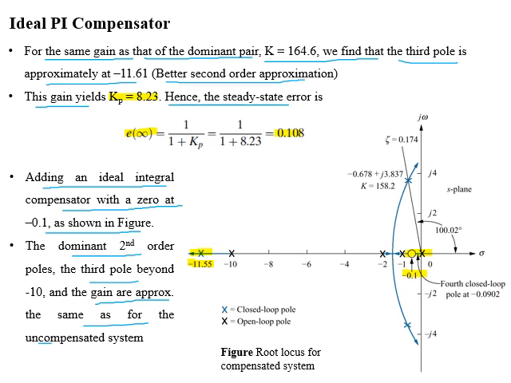Students, now if you compare the location of the dominant pair of poles with the previous root locus, you will find a small difference, and the compensator zero lies at minus 0.1, and the fourth pole of the closed loop system is at minus 0.09, which is nearly equal to the compensator zero and will cause a pole zero cancellation.